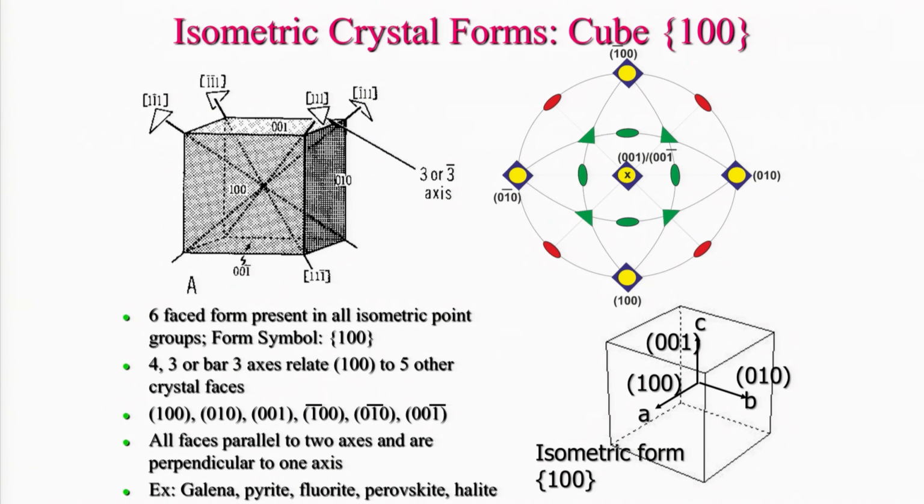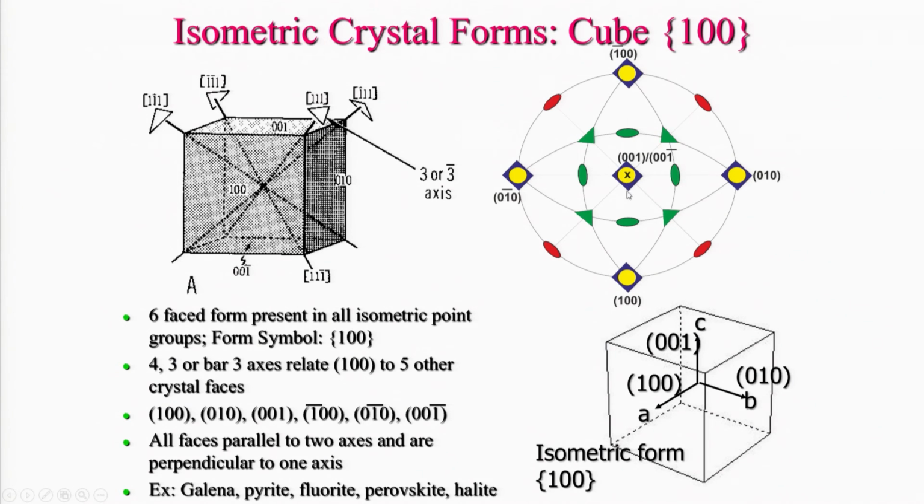This 0 0 1 will, after 180 degree rotation, come to a position where it will now intersect the negative direction of a3 axis. So, you will have the phase symbol 0 0 bar 1. So, this will be shown at the same position here. So, 0 0 1 and 0 0 bar 1 will be at the same position that is shown here.